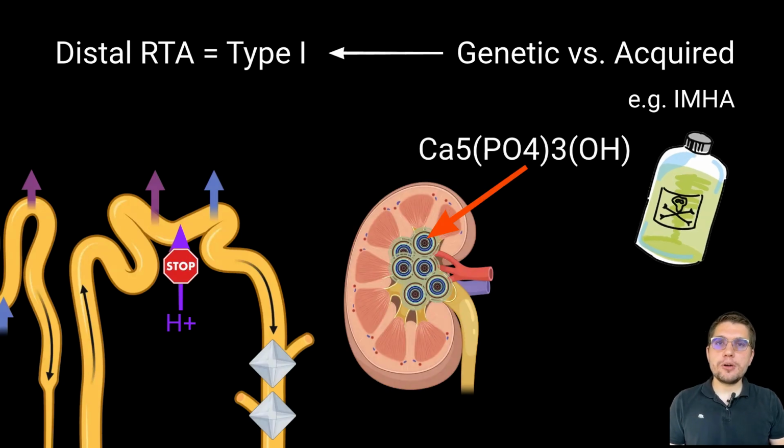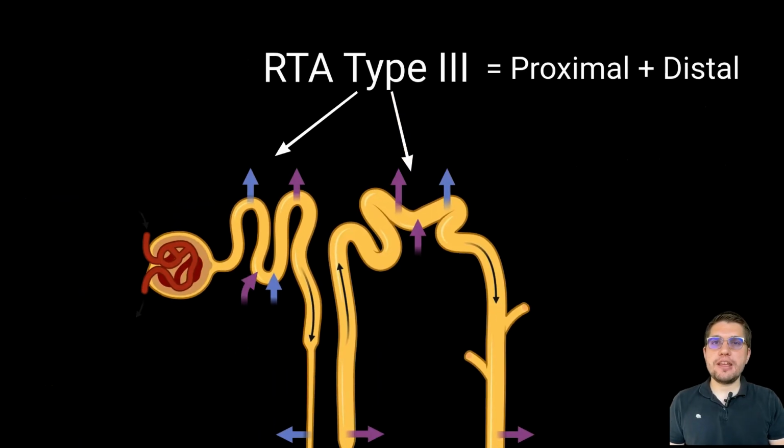Clinically, this form is associated with calcium phosphate kidney stones and nephrocalcinosis due to chronically alkaline urine. Type 3 RTA is a combination of type 2 and type 1 RTA affecting both proximal and distal renal tubules.